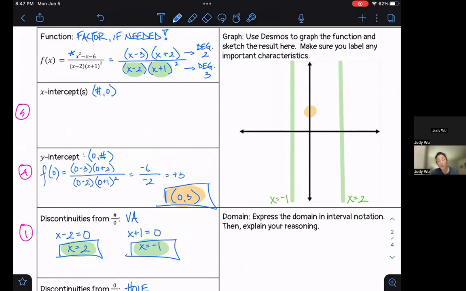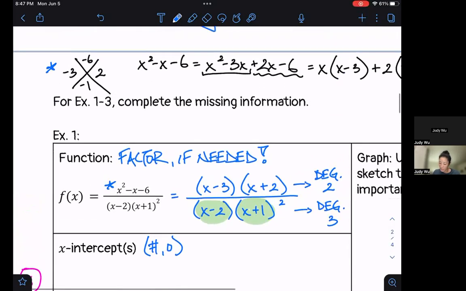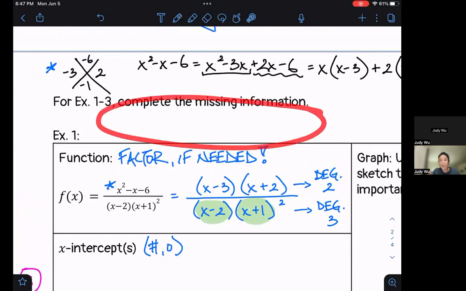All right, let's do our x-intercepts now. So here's a big concept for us, okay? And I think on some level we know it, but when we're in the middle of all these numbers and letters, sometimes we forget, okay? So let's come up here a little bit. And in this space right here, I'm going to ask us a few questions, right?